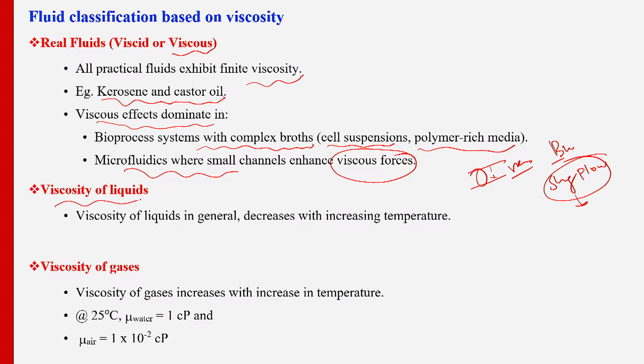Now the general definition: the viscosity of liquids always decreases when you increase the temperature, but gases are different, because the viscosity of gases always increases when you increase the temperature. Normally the viscosity of water at 25 degrees is 1 centipoise, while for air we write 1 into 10 power minus 2 centipoise.